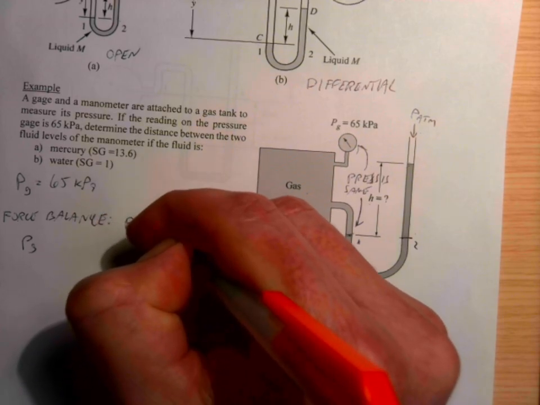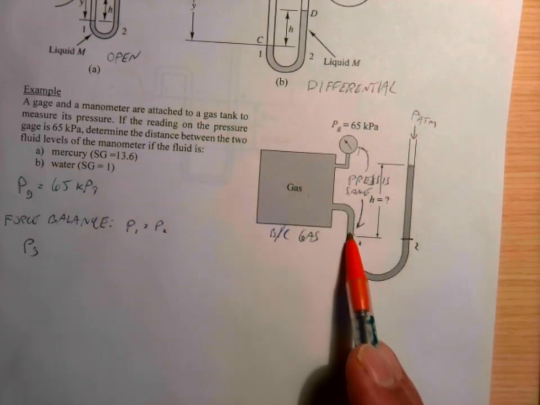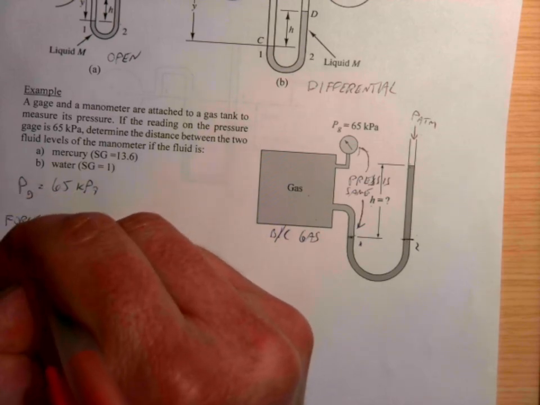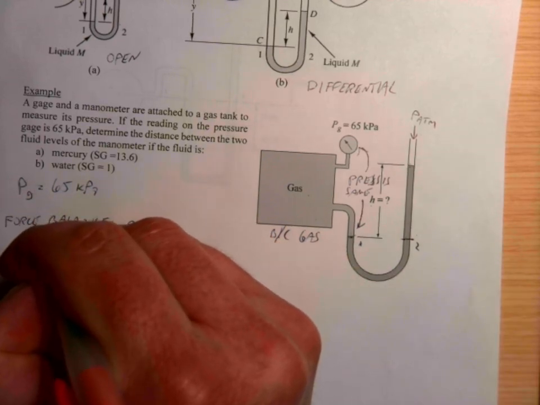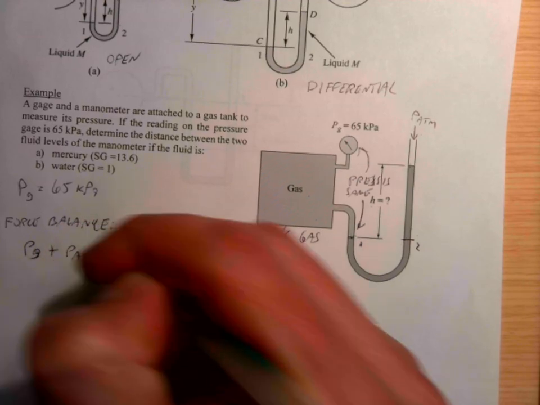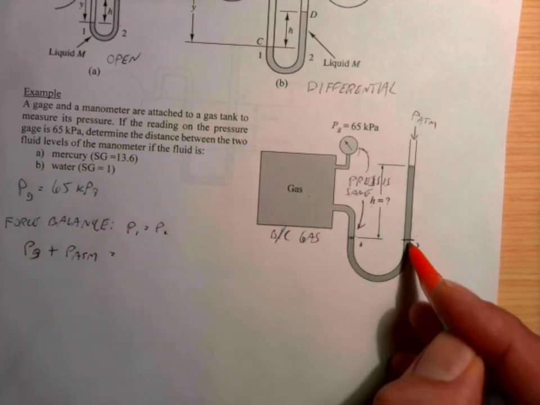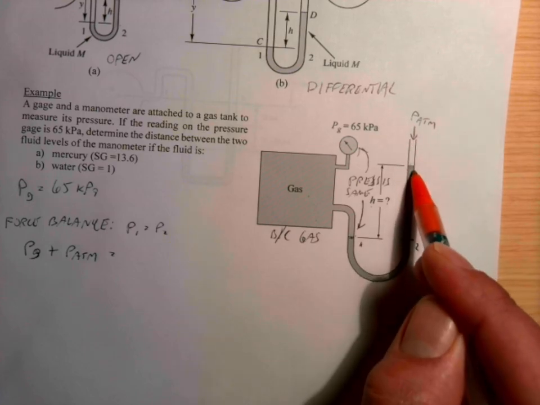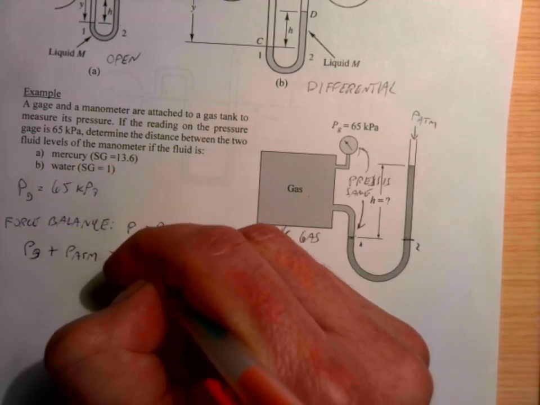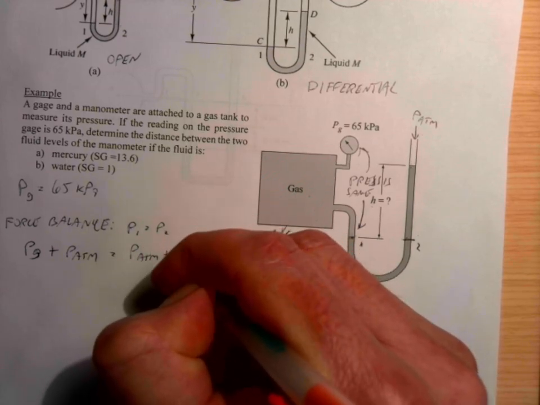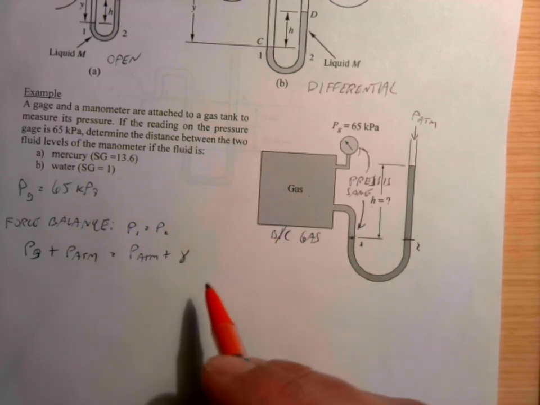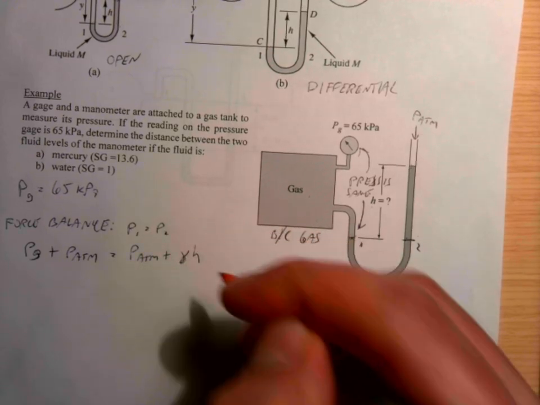P at 1 is equal to the P at 2, and then the P at 1 has to be equal to the total pressure at that point, which is Pg plus P atmosphere, and that then needs to be equal to P atmosphere plus the weight of the fluid on this side, and the pressure from the weight of the fluid is gamma times H.